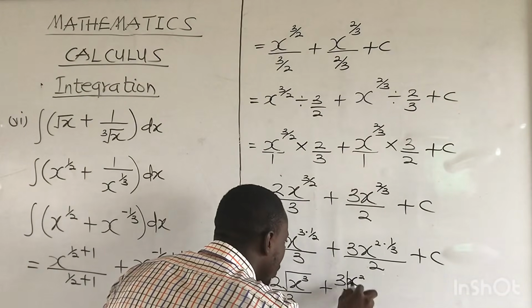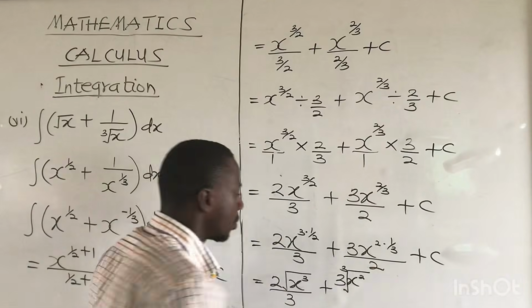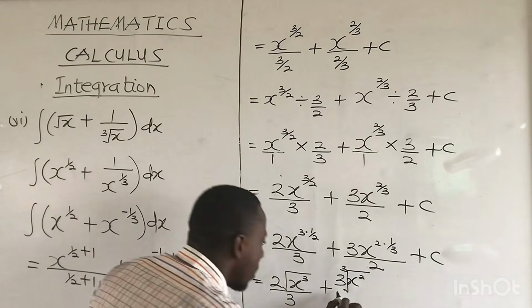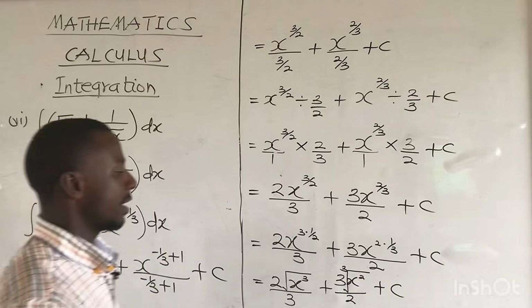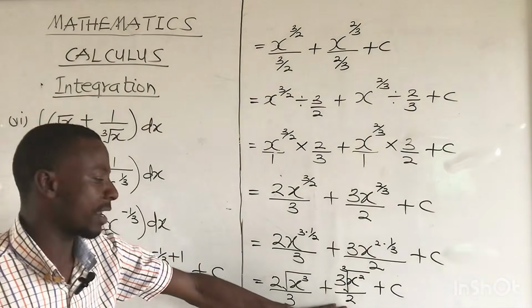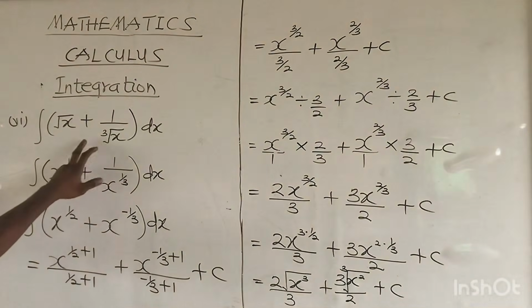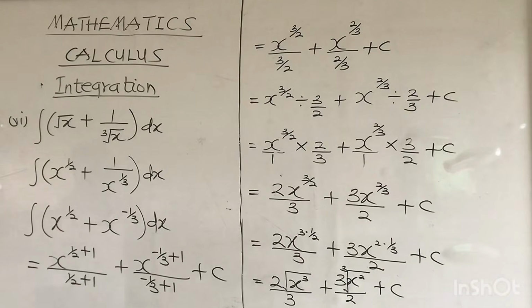So that's the cubic root all over 2, plus c. And this will be the final answer for this particular question. All right.